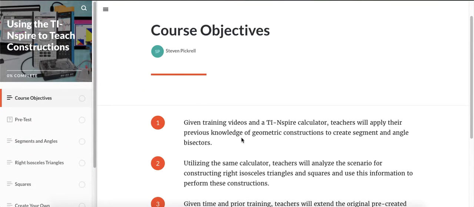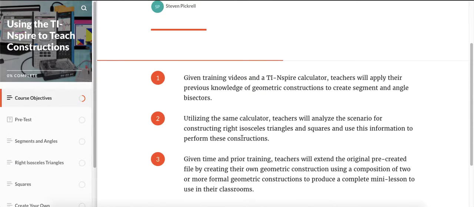The learning objectives for this training are as follows. Given training videos and a TI Inspire calculator, teachers will apply their previous knowledge of geometric constructions to create segment and angle bisectors. Utilizing the same calculator, teachers will analyze a scenario for constructing right isosceles triangles and squares and use this information to perform these constructions.